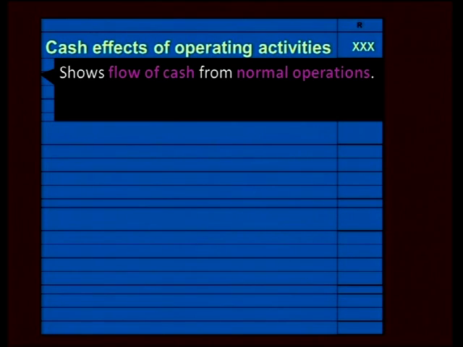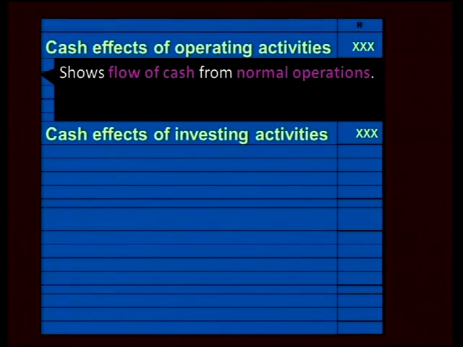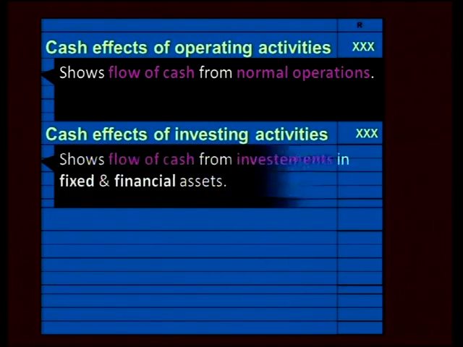If it is a business selling pies, then what cash came from selling pies? If it is a clothing manufacturer, what money came from manufacturing clothing? That is excluding any fixed assets that we purchased, any loans that we repaid. We will only look at fixed assets purchased, etc. in the next section, the cash effects of investing activities.